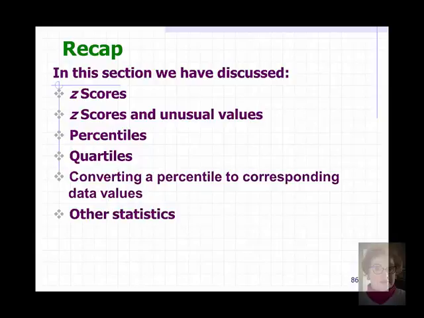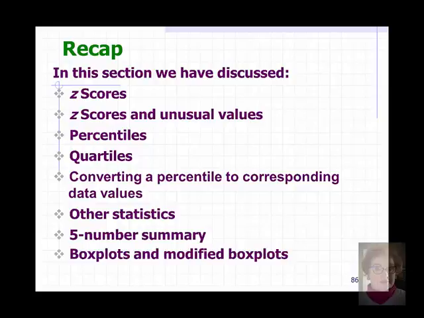We talked about some other statistics. The one that you want to remember here is the interquartile range. We talked about the 5-number summary, and we talked about how we use a 5-number summary to make box plots, and we talked about the effects of outliers. Now, outliers affect the mean and the standard deviation because they are not resistant measures.